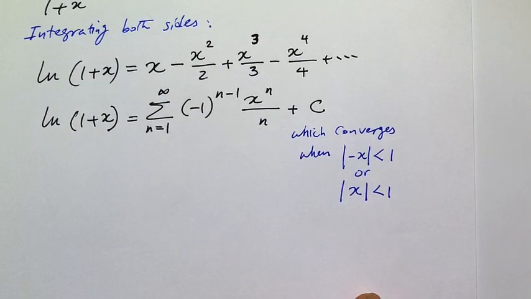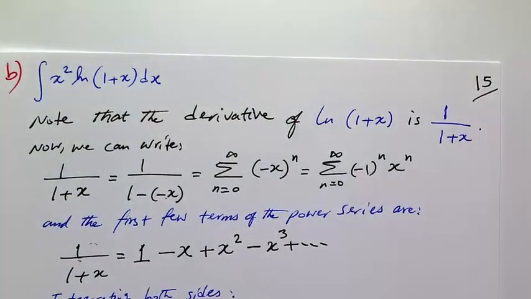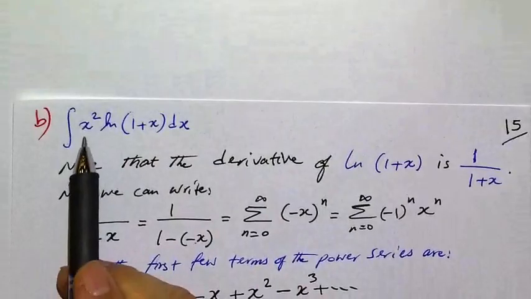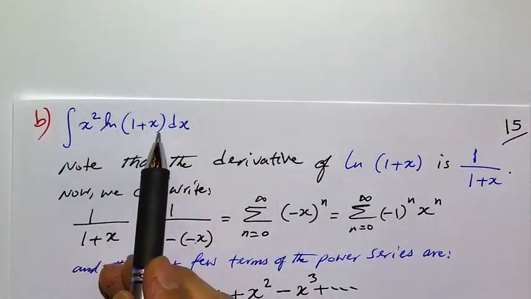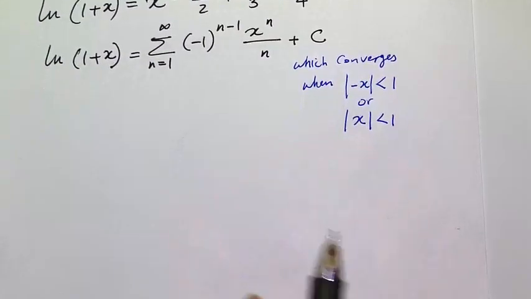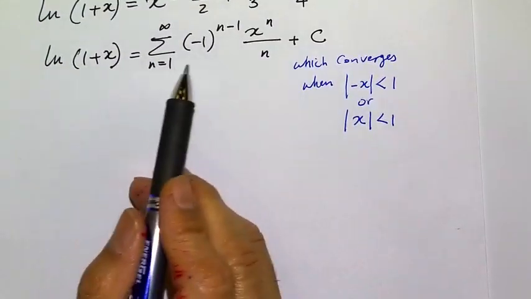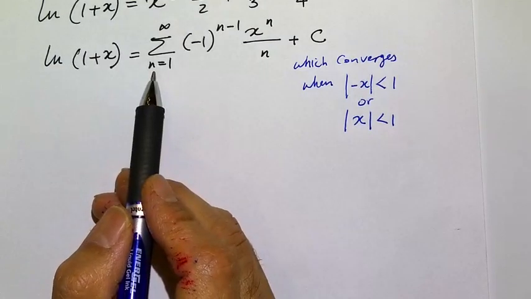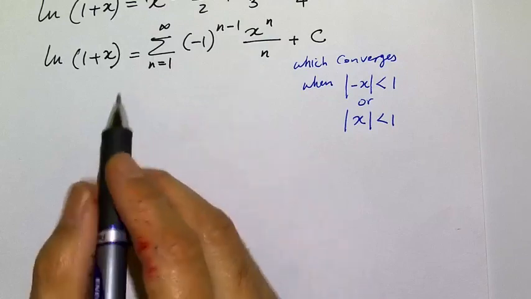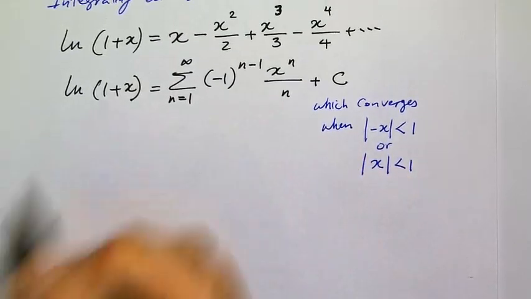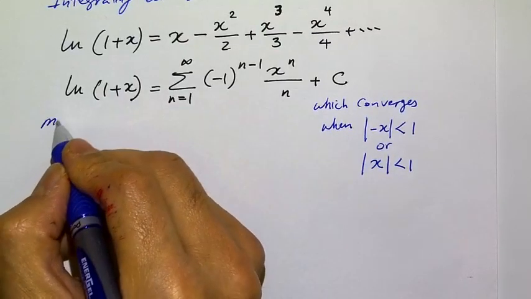Okay? All right. So now our original function was not just natural log of 1 plus x, but it was x squared times natural log of 1 plus x. So let's multiply both sides by x squared.